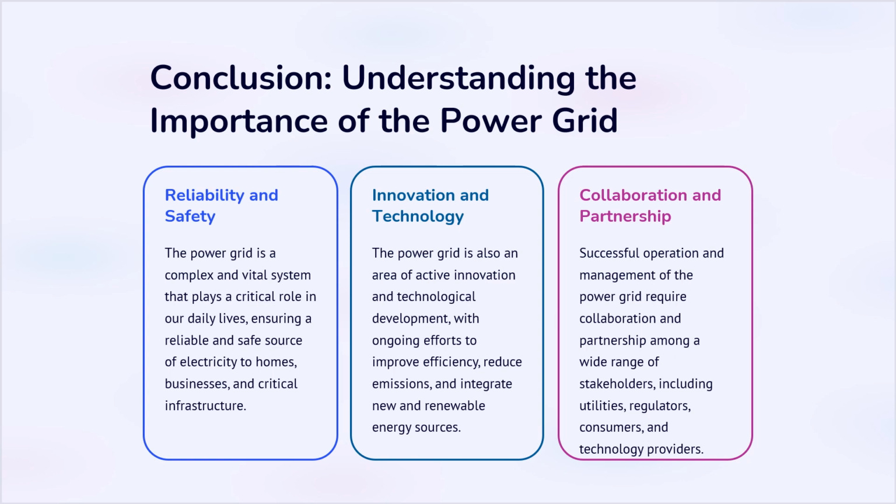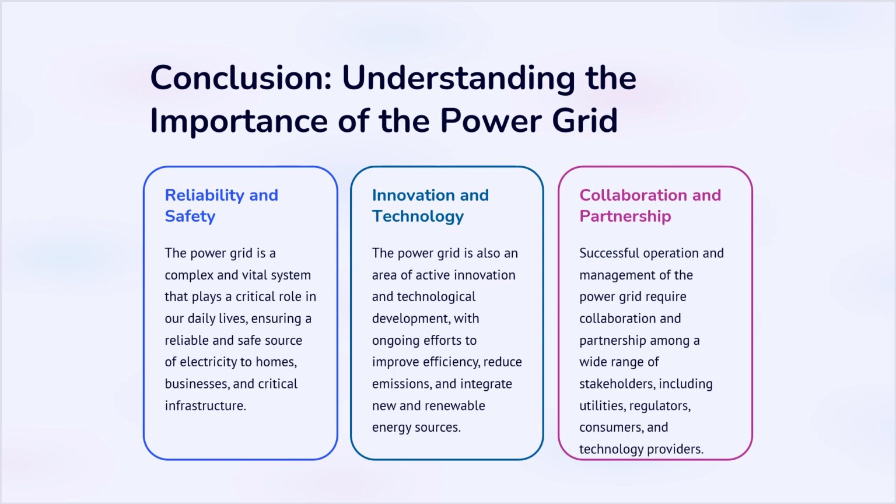Now power grids are seeing active innovations and technologies developed through ongoing efforts to improve efficiency, reduce emissions, and integrate new and renewable energy sources. Different companies are working to make smart power grids, automating them.